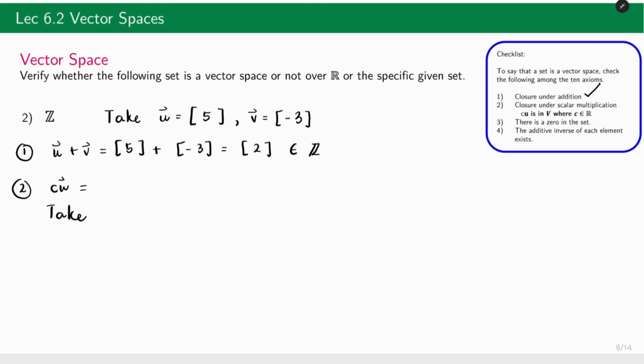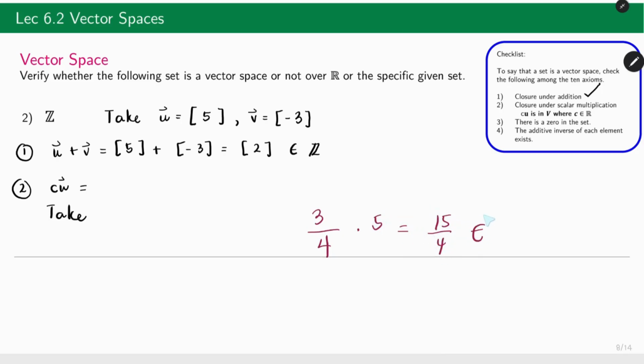So let us choose a number that will disprove it. If we multiply 3 over 4 to 5, the result will be 15 over 4, which is no longer an element of the integer set. Okay, let us take C to be 3 over 4.